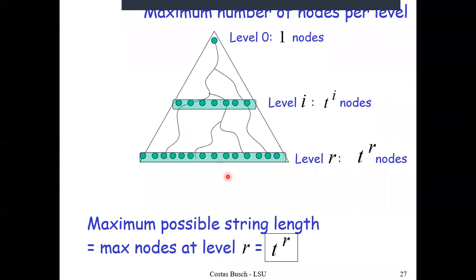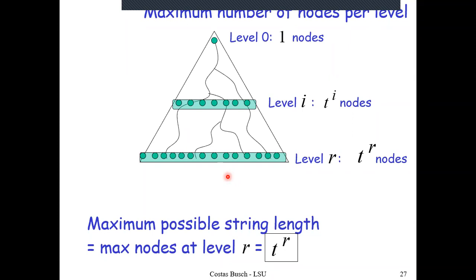The reason is, if somebody says that the height of some parse tree is 1, it means that I am simply using one of the productions from my grammar, and that production has only the string of terminals in it. So I have denoted by t the length of the maximum production. So if the height of the parse tree is 1, the length of the string produced by that tree is at the most t.